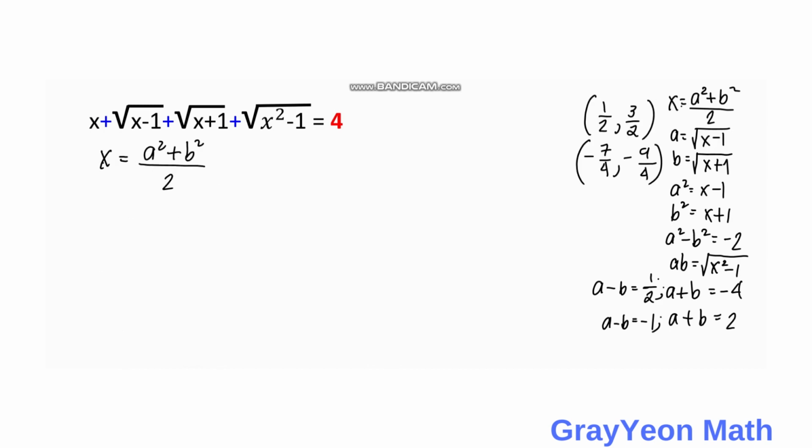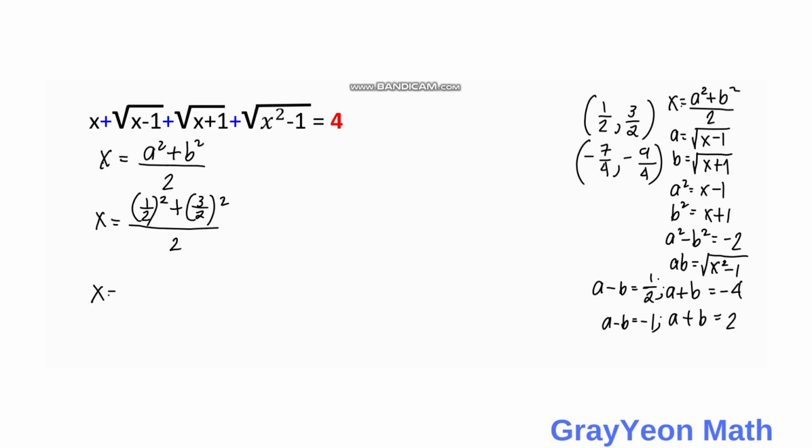Okay, so now it is easy to find the value of x, and as we have formulated earlier, we have x is equal to a squared plus b squared over 2. And for the first case, we have x is equal to a squared, which is 1 half, and we need to square that, plus the value of b, which is 3 halves. Then you just have to square this also, then divide this by 2.